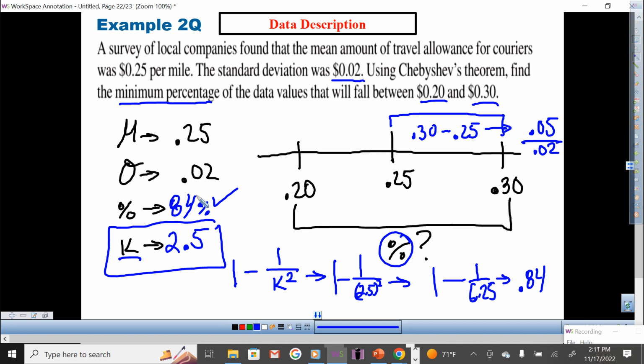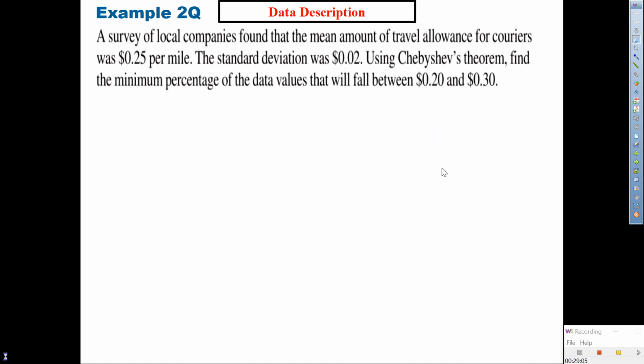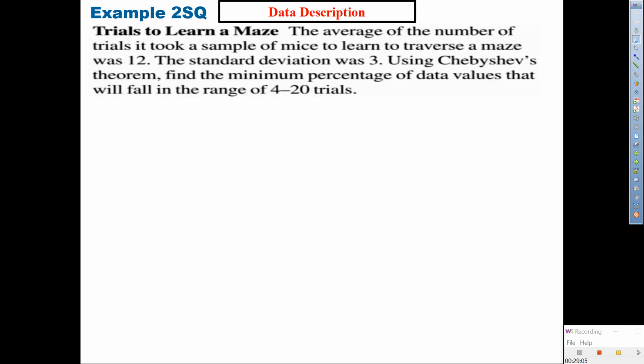All right, I'm going to give you another one. You don't have to copy it, but you have to do the process to make sure you got it. Okay, here's example 2, Mr. Q, and it reads, trials to learn a maze. The average of the number of trials it took a sample of mice to learn to travel a maze was 12. Once again, the average number was 12.